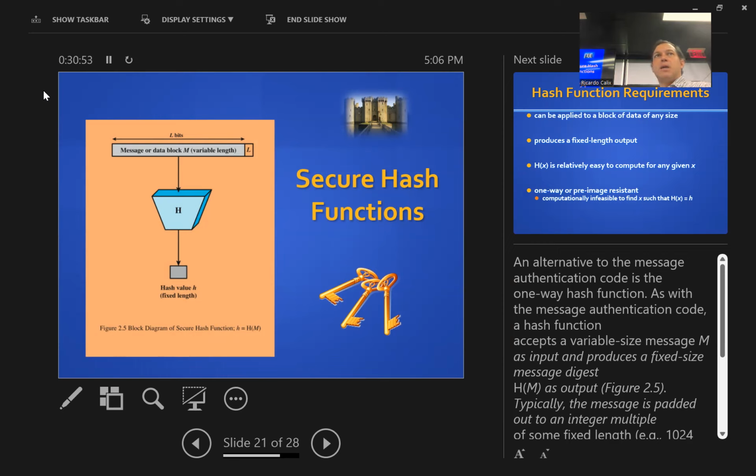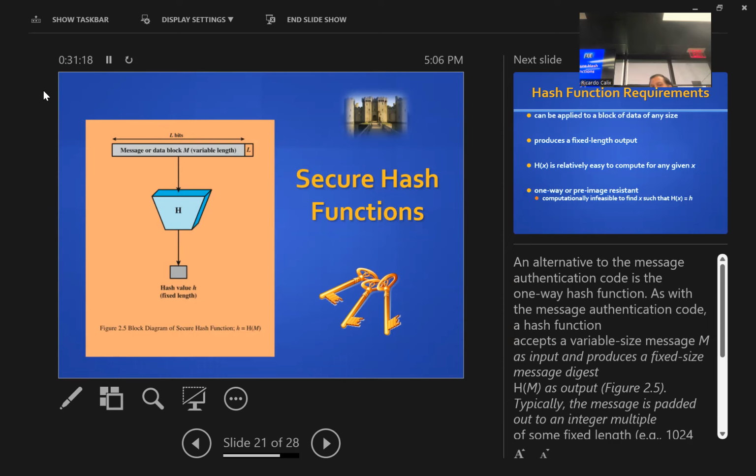And you've seen that with OpenSSL because we had MD5, SHA-1, SHA-256, and they got a little bit bigger each one. But this is the block diagram of a secure hash function and its definition, basically. Any questions on this idea?